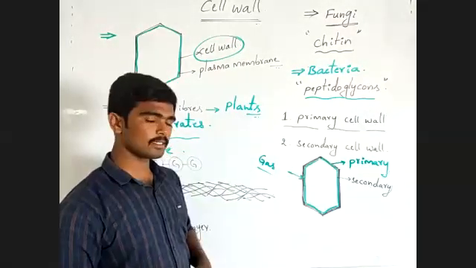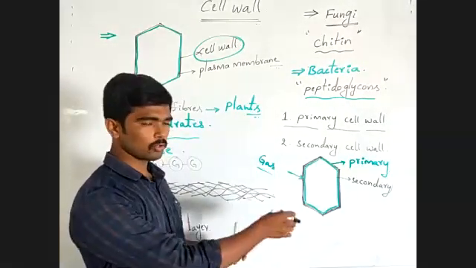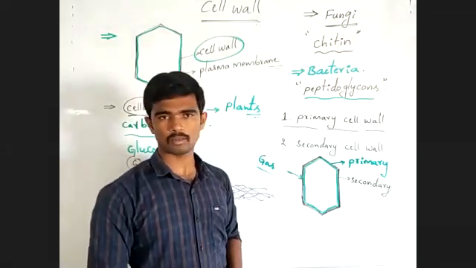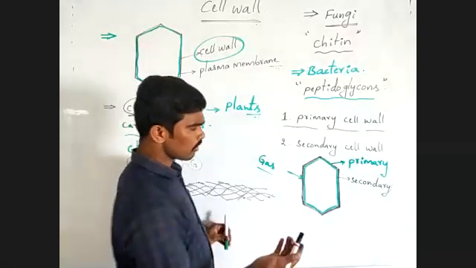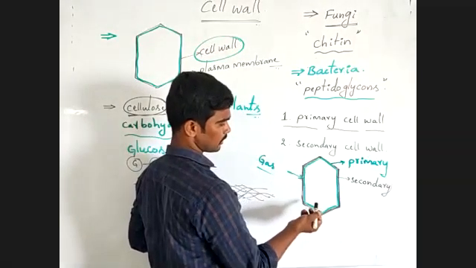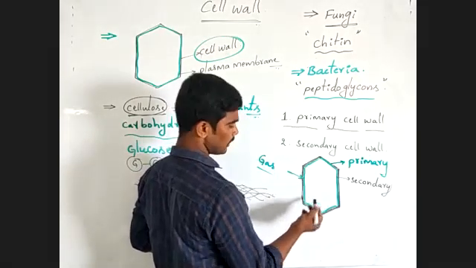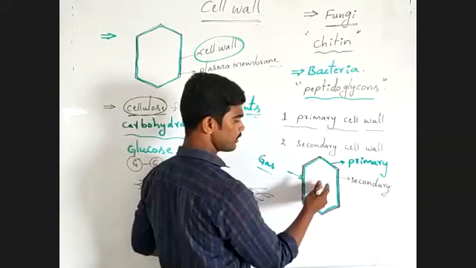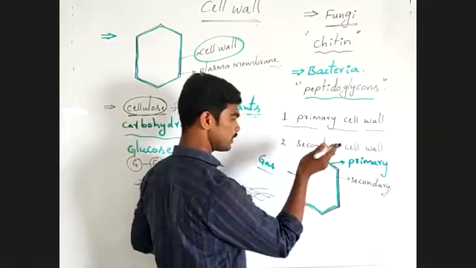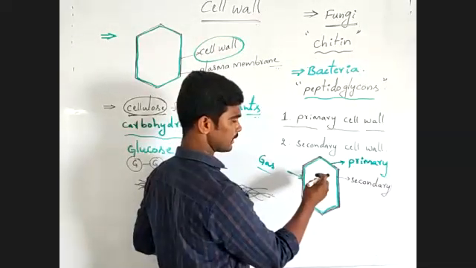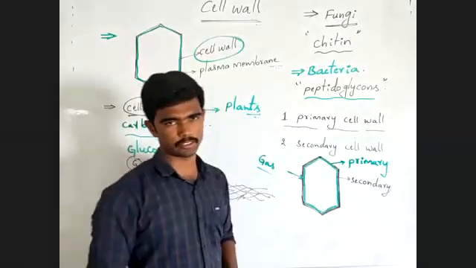These types of gases do not enter into the cell when there is secondary cell wall. But then what will happen if there are no gases here? The entire inner content of the cell, meaning cytoplasm and different types of cell organelles, is degenerated.